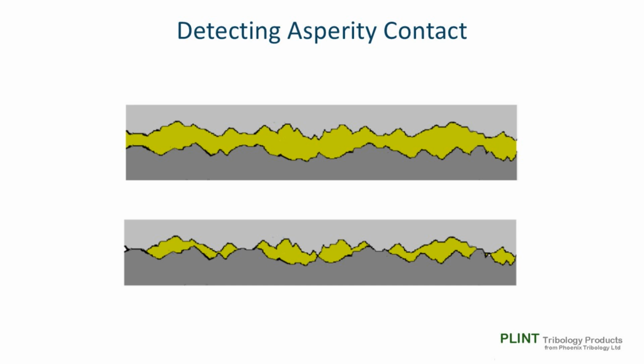As the surfaces are brought together, perhaps through a reduction in entrainment velocity or lubricant inlet viscosity, electrical contact is made through the film, initially at an asperity level, at which point the switch is momentarily closed, producing a short circuit between the surfaces. As a result of this, the voltage across the contact falls to zero while the asperities remain in contact.